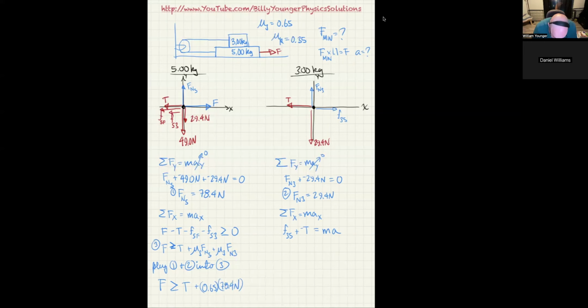And then we found plus 0.65 times 29.4 newtons.